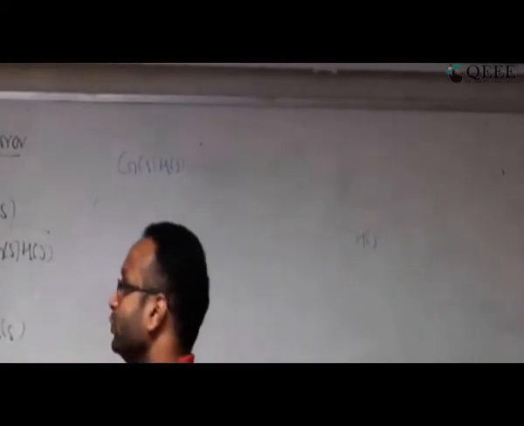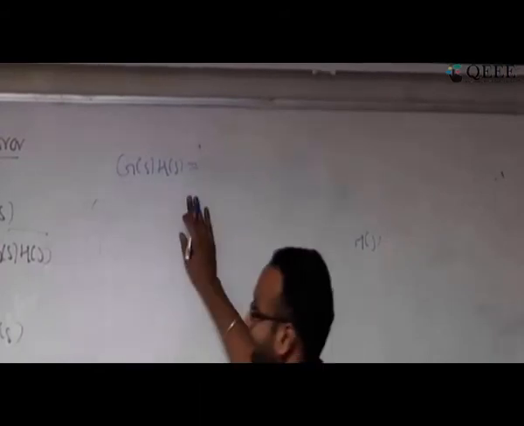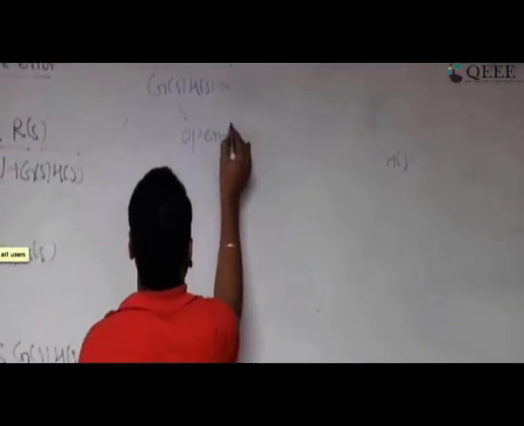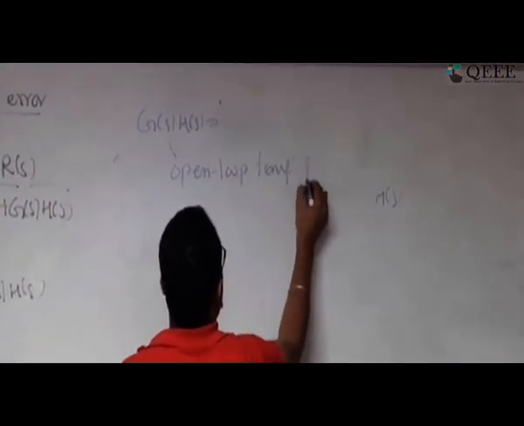Now here I want to define one more term. G(s) into H(s), which we have come across, is also defined as the open loop gain. It is also called the open loop transfer function.